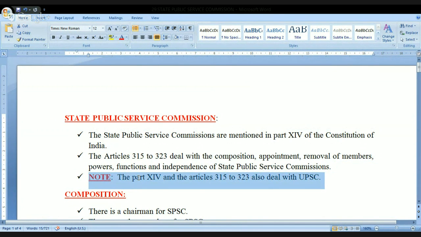Kindly remember this one. Part 14 and Articles 315 to 323 also deal with the UPSC, meaning the entire Public Service Commission, maybe UPSC or State Public Service Commission, everything is covered under Part 14 and Articles 315 to 323.